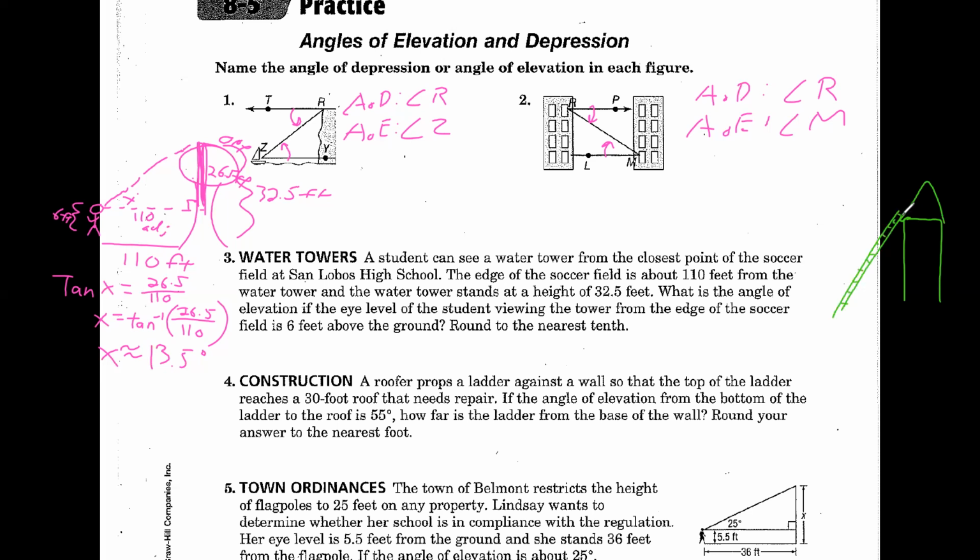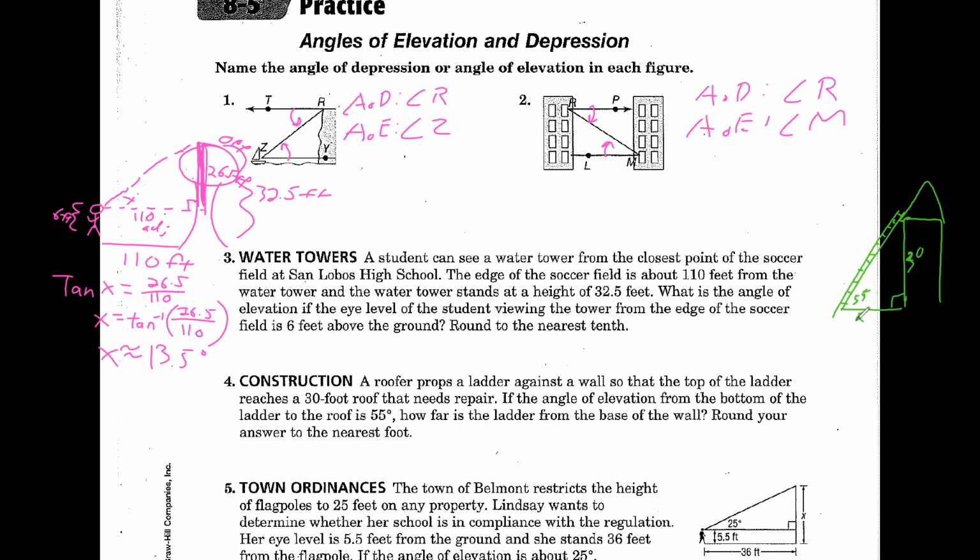So there's my triangle, and the ladder and the height of the building make a right triangle. Now, they gave us the height here was 30. They said the angle of elevation is 55 degrees. They wanted to know how far the ladder was from the house.